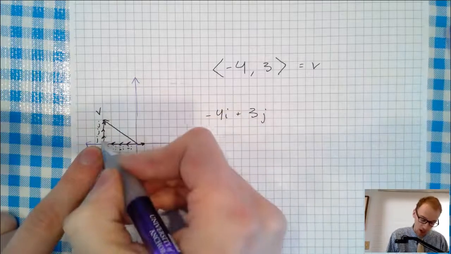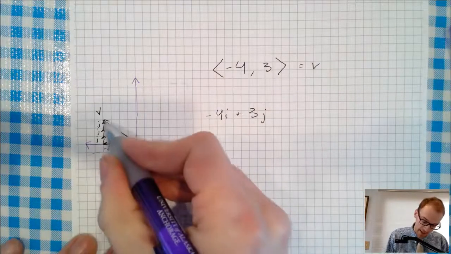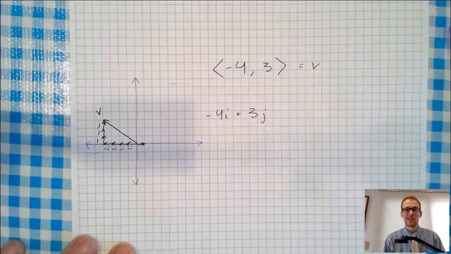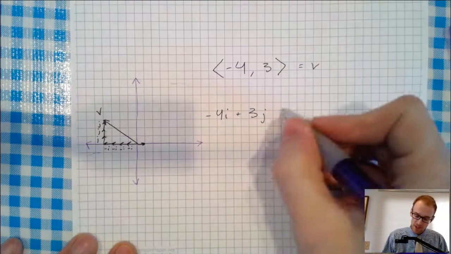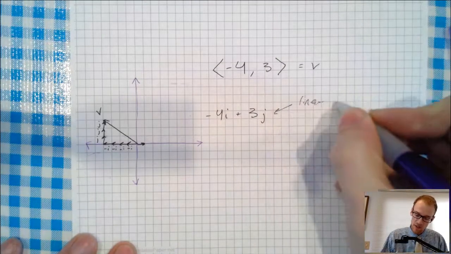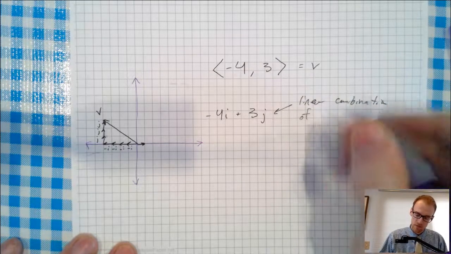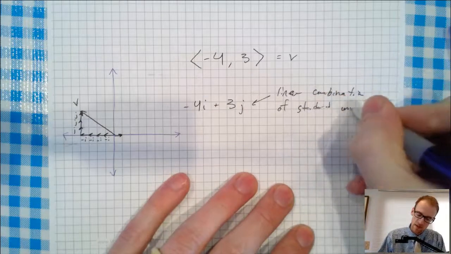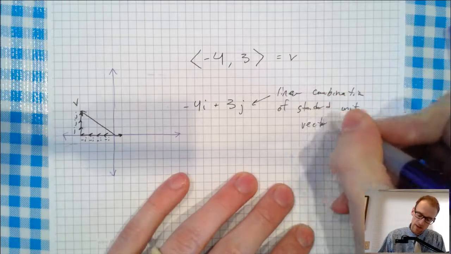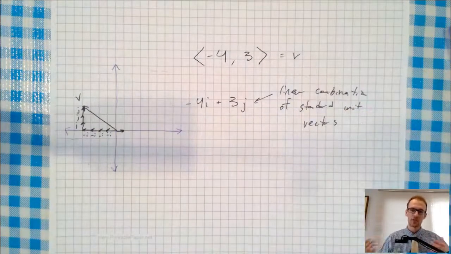And now I have gone up 3 units in the y direction for a final destination of <-4, 3>, my v vector. So this is the linear combination of, what are they called again? Standard unit vectors. That's how you write v as a linear combination of the standard unit vectors.